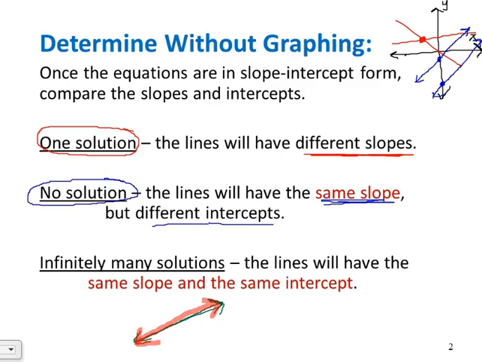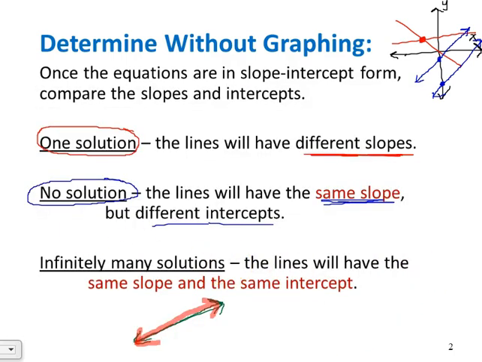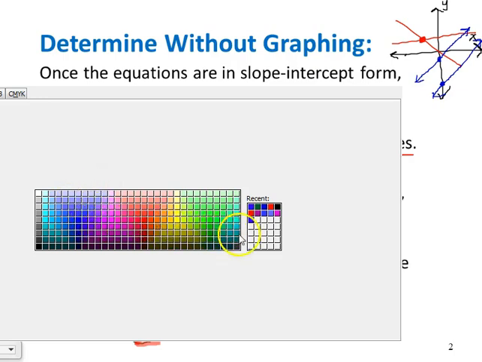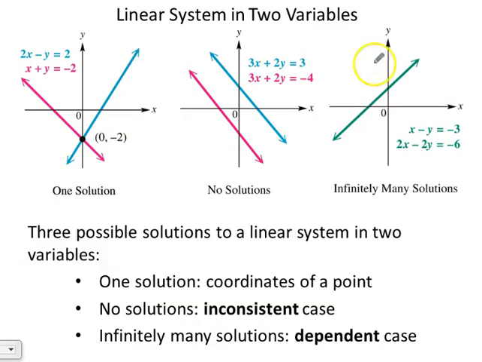It has the same slope and the same y-intercept. So essentially, it is the exact same line, and thus we would have an infinite number of solutions because all points on the line would be a solution. So just a reminder of what we talked about.